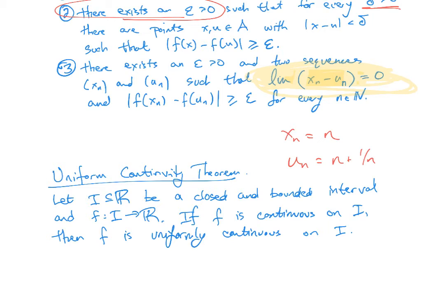Okay. On the other hand, you take a continuous function, take something that's not a closed and bounded interval, it's not necessarily uniformly continuous. Okay? You have to be a little bit skeptical there. And we'll see examples of that in a minute.